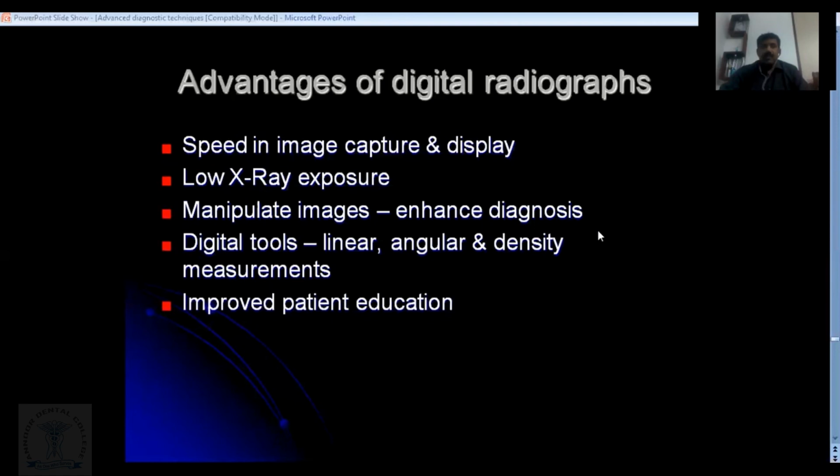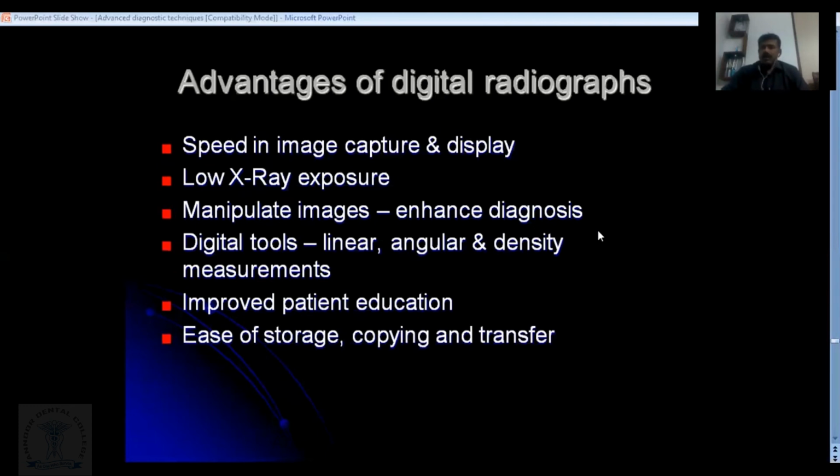You can improve patient education. Just imagine a small IOPA radiograph, explaining it to the patient. The patient may not be able to see the radiograph, but you just show that image on the computer screen or any laptop and explain to the patient. The patient will be able to appreciate that. And as I told you, we can easily store it.